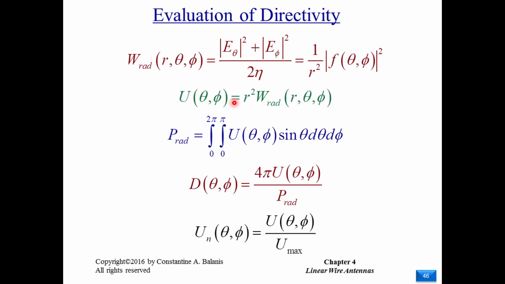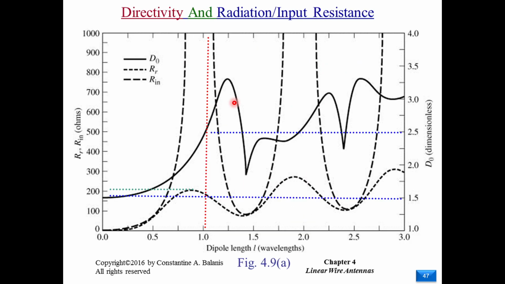Now we are going into some application of the definitions of the antenna parameters. Here we are showing a number of curves for maximum directivity, radiation resistance, and input resistance as a function of dipole length. And it's part of the homework.